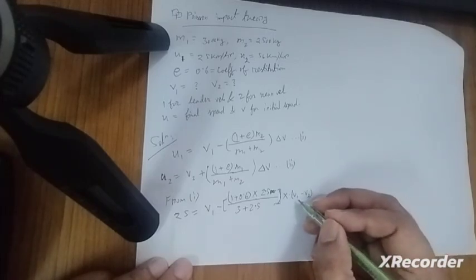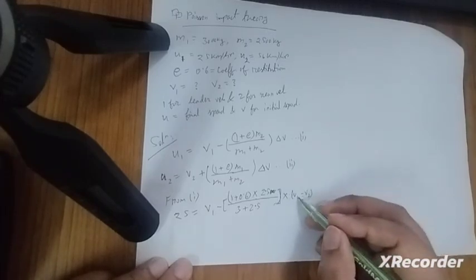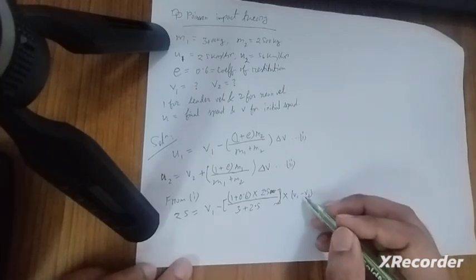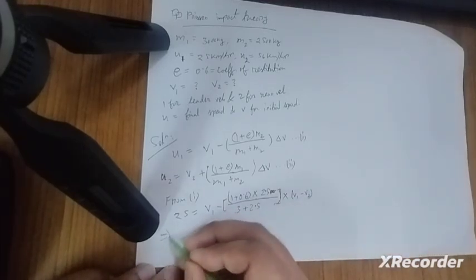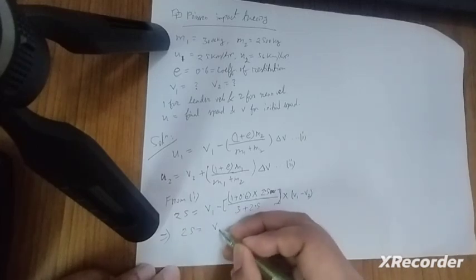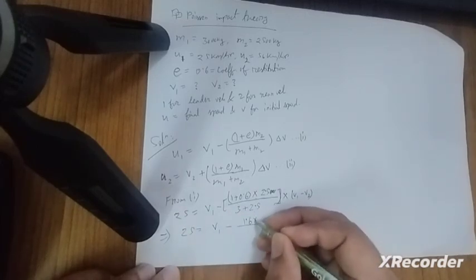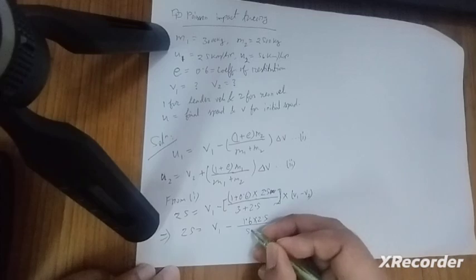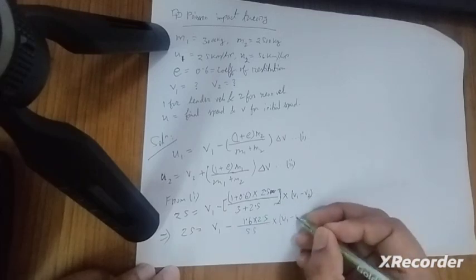We do not know the initial speed difference of these two vehicles. So solving this, we get 25 equals v1 minus 1.6 into 2.5 divided by 5.5 into (v1 minus v2).